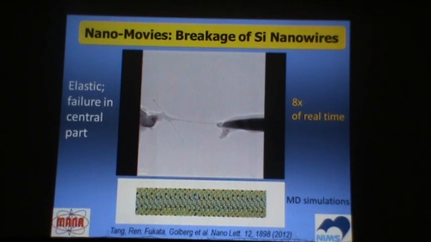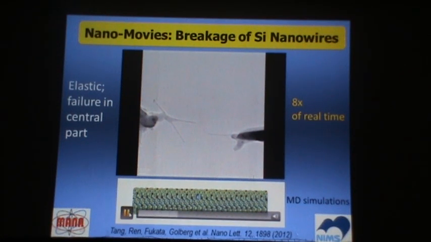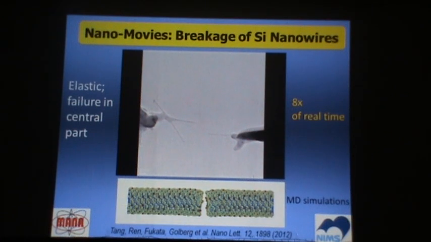It's a fracture of an individual silicon nanowire inside a high-resolution electron microscope. If you look carefully, you can see that almost no plastic deformation occurs here, and the fracture is purely brittle, as molecular dynamic simulations also confirmed.